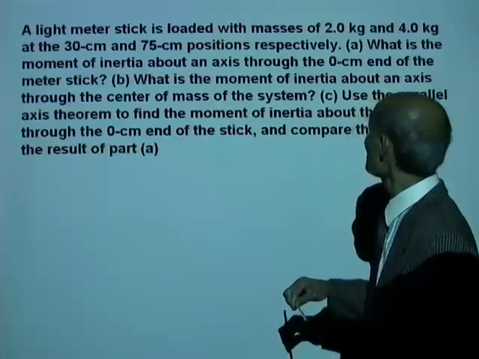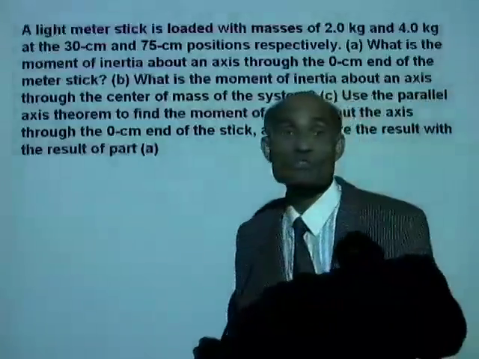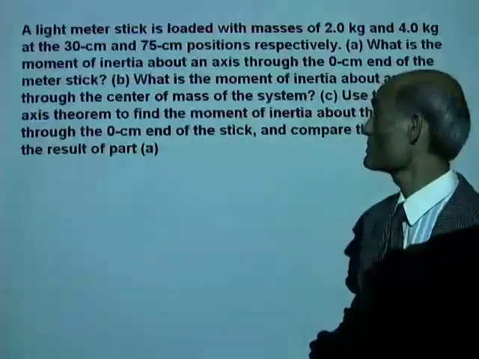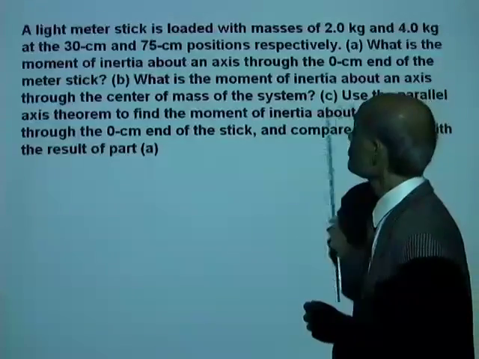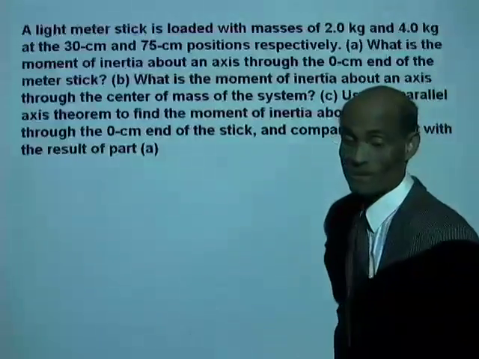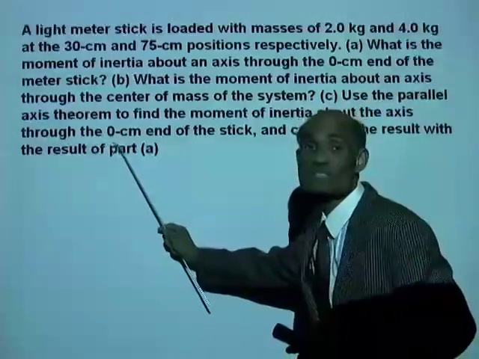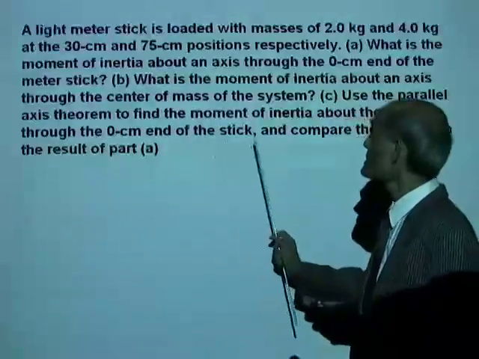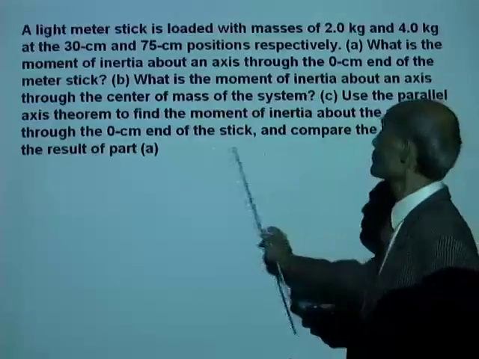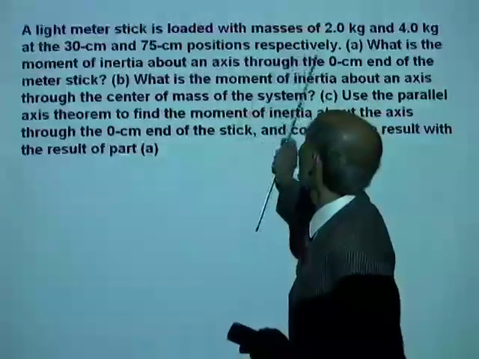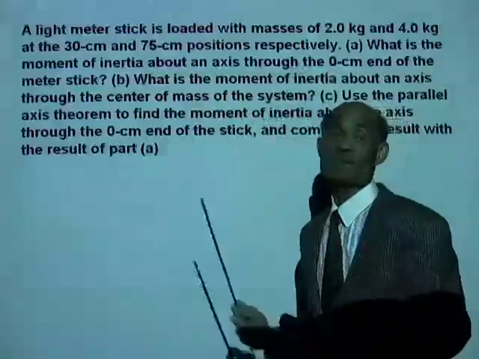What is the moment of inertia about an axis through the center of mass of the system? Use the parallel axis theorem to find the moment of inertia about the axis through the 0 centimeter end of the stick and compare the result with the result you have in part A.